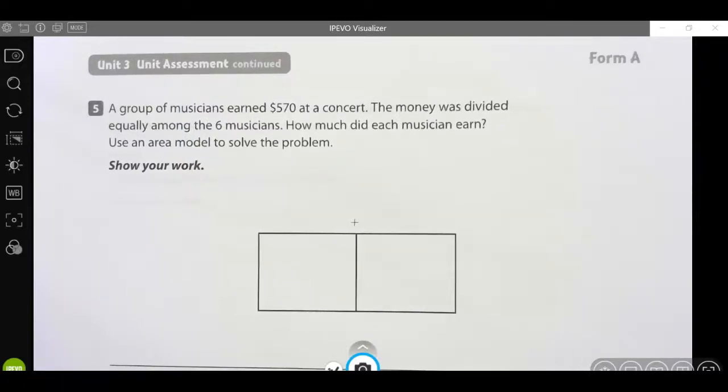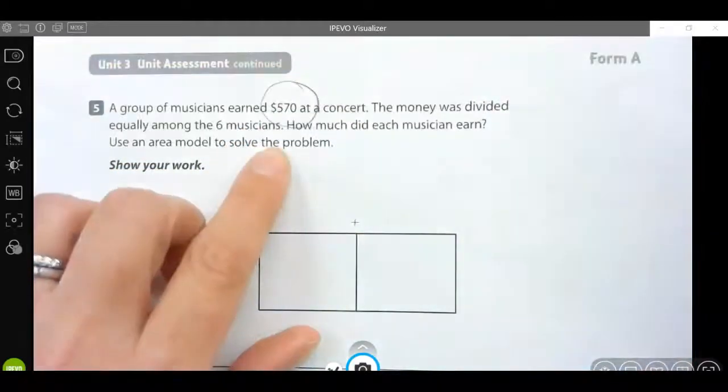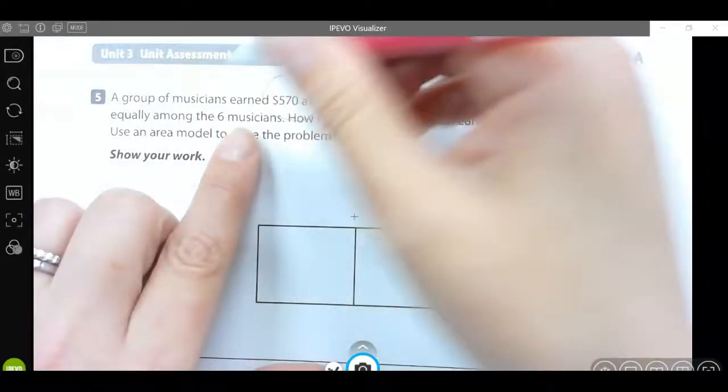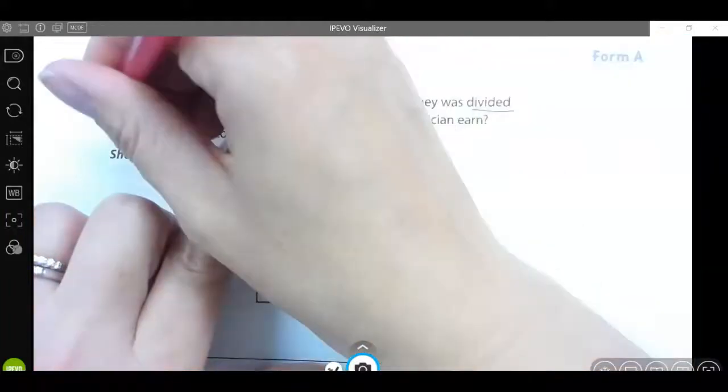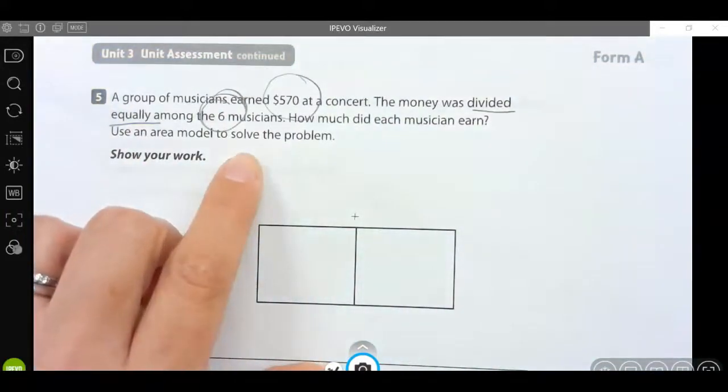Number 5. A group of musicians earned $570 at a concert, and it was divided equally among 6 musicians. How much did each musician earn?